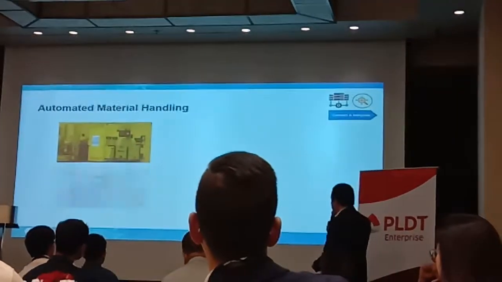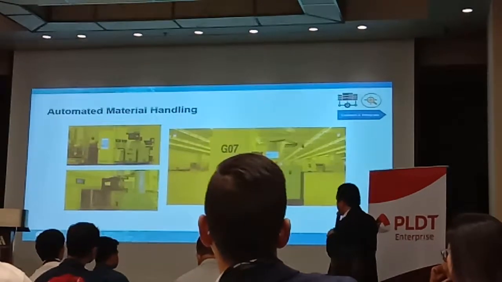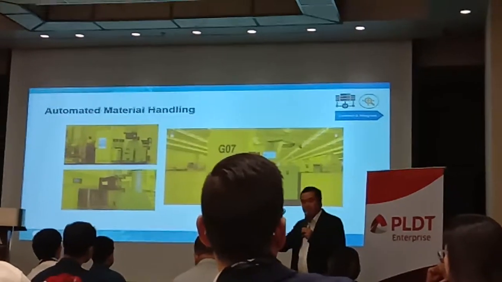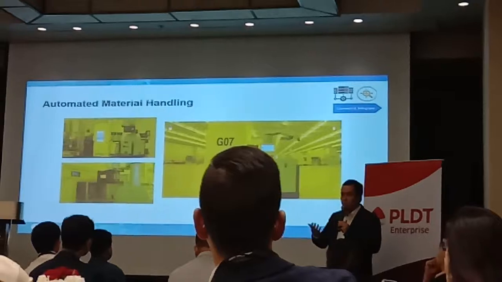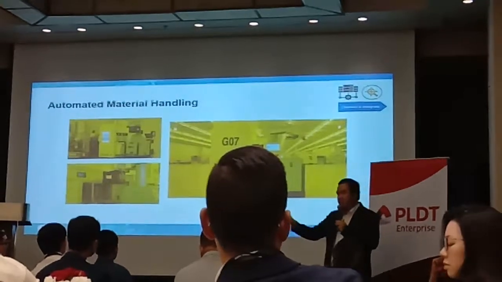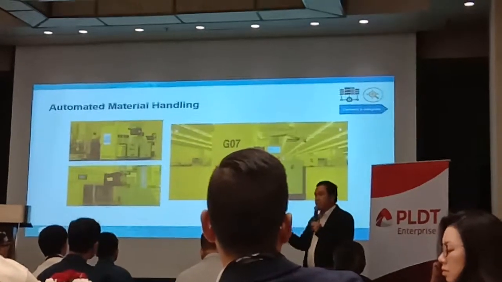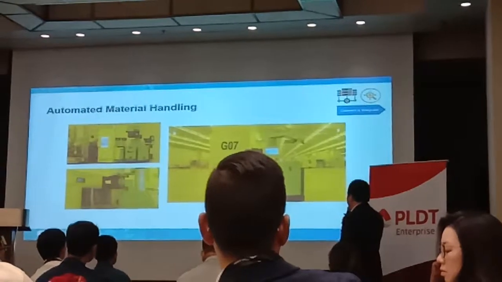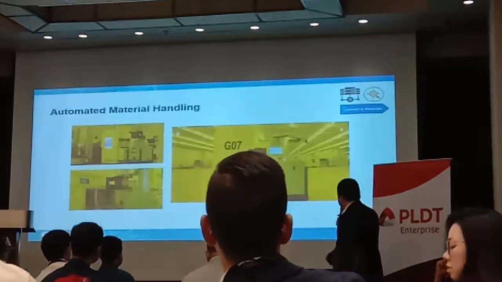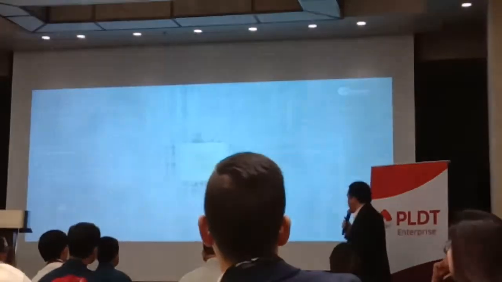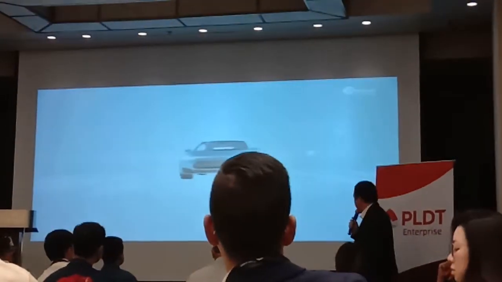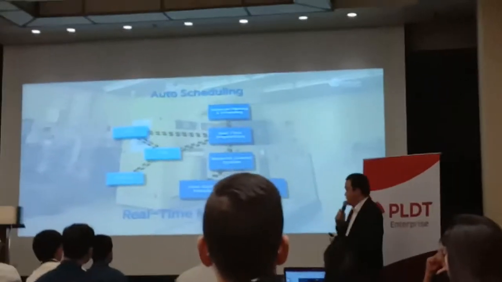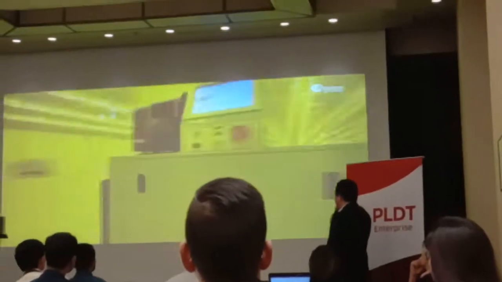Now, let me show you this one. In terms of material handling, the movement of products going to different machines, different process, we have this automated guided vehicle system. This is for Amkor. We have built this AGV for us to transport those products.